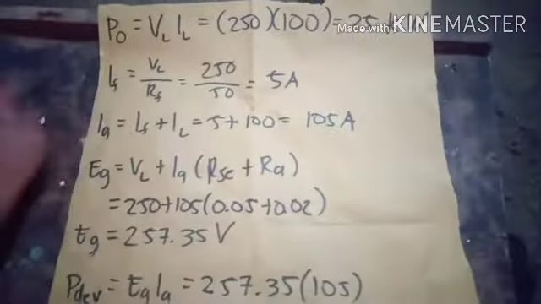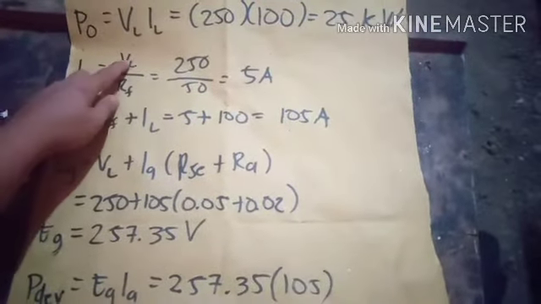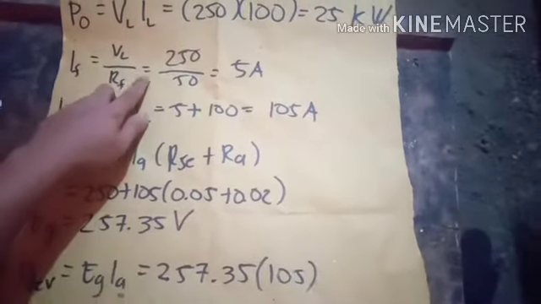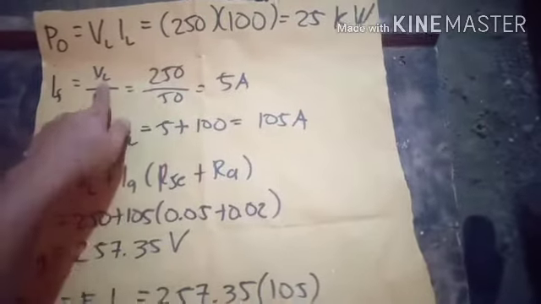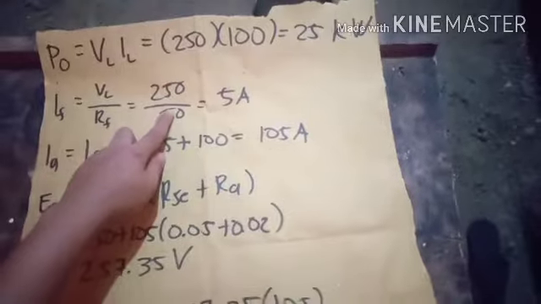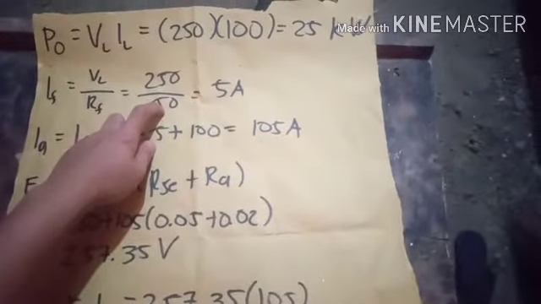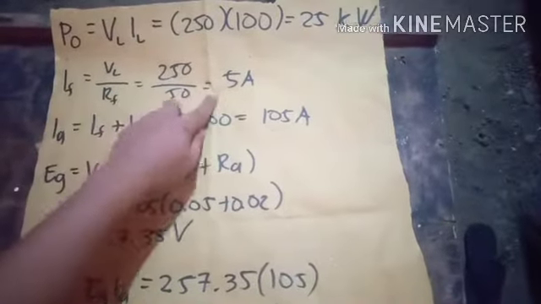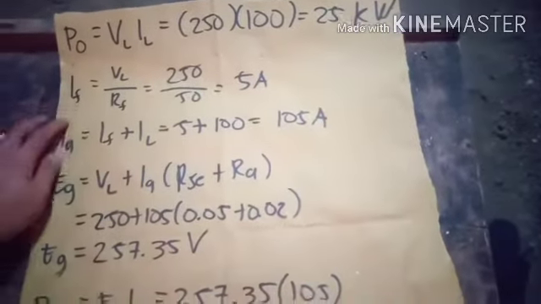Next is I sub F equals V sub L over R sub F, where V sub L is equal to 250, the load voltage, and RF is equal to 50, the field resistance. This is equal to 5 ampere, the current in the field.